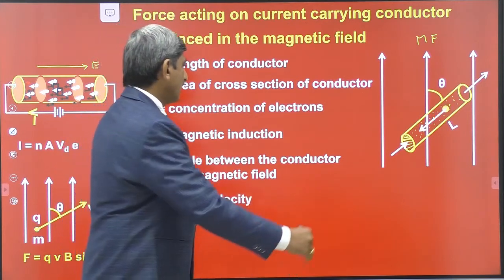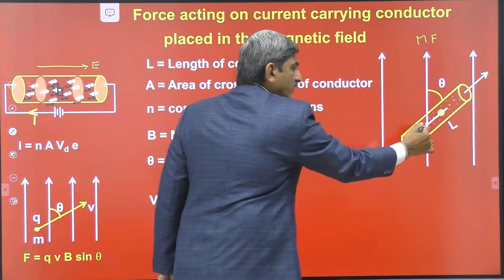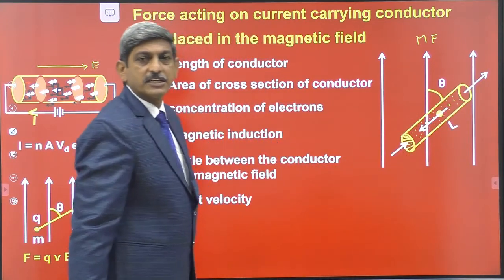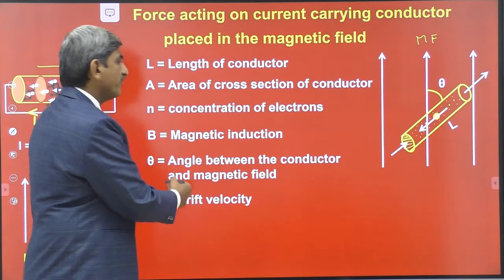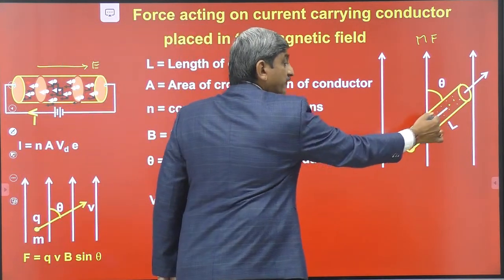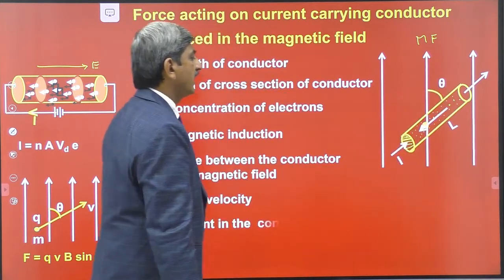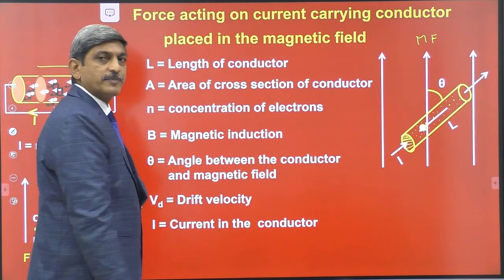Okay? Now, let us assume that the electrons are moving with some average velocity called the drift velocity. Let Vd be the drift velocity. Due to the drift velocity of the electrons, current is passing through the conductor. Let I be the current passing through the conductor.